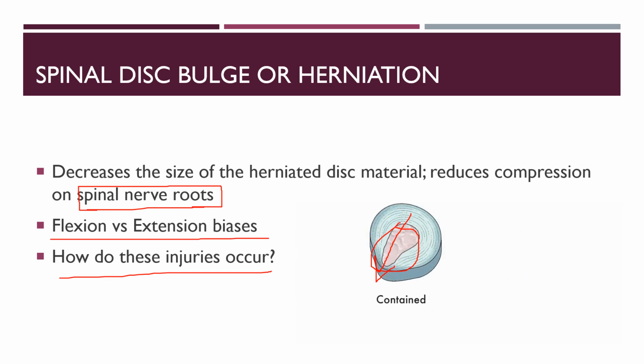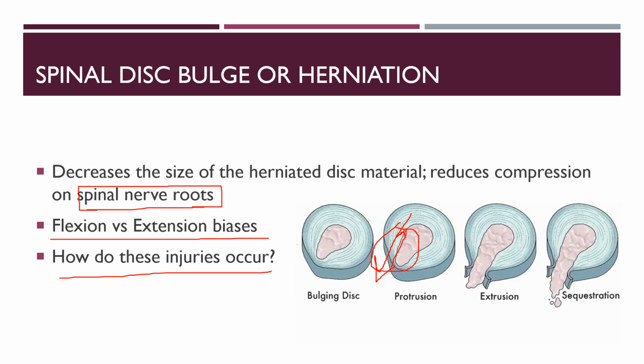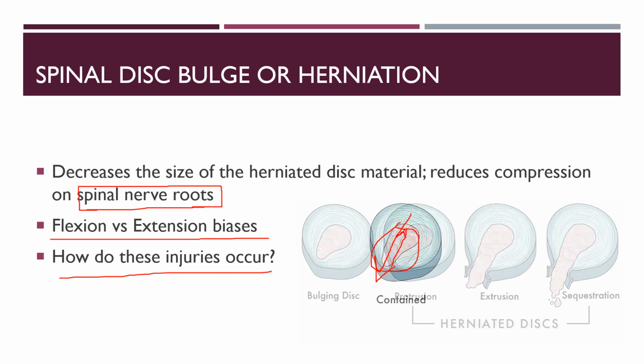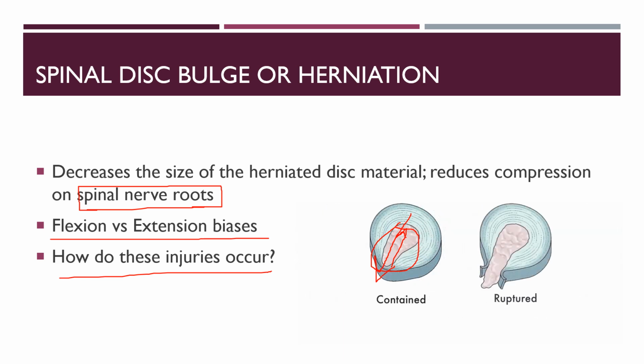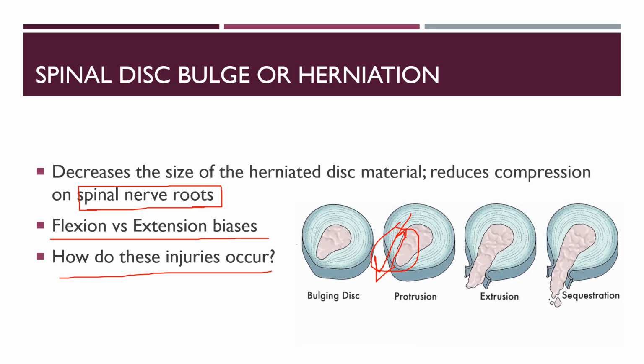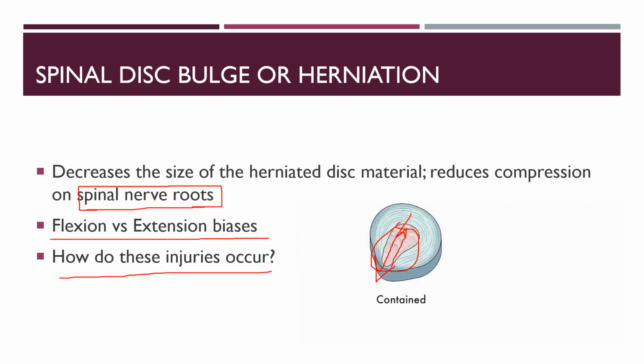So we're trying to reduce this disc material. We're trying to get it back into the center. So we have to create a different pressure gradient. So we're going to move them into extension postures, positions, and that's going to help this disc material reduce back towards the center. Okay, we're trying to just play with the pressure gradient here.